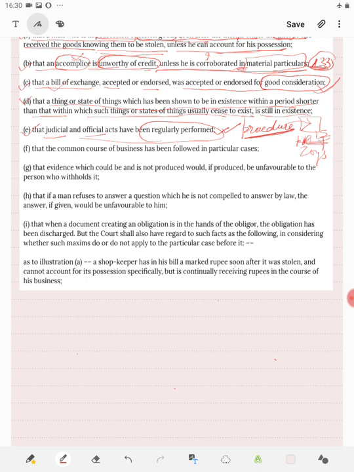Here, one case law is there, that is State of Bihar versus P. Sharma.